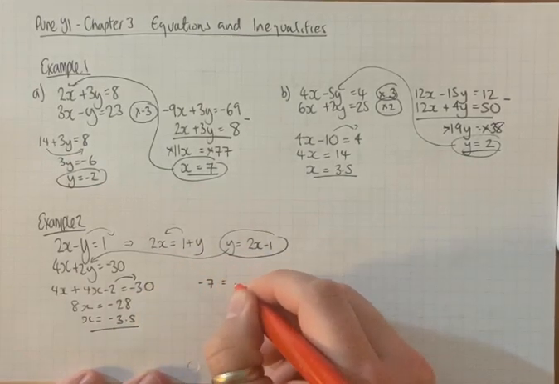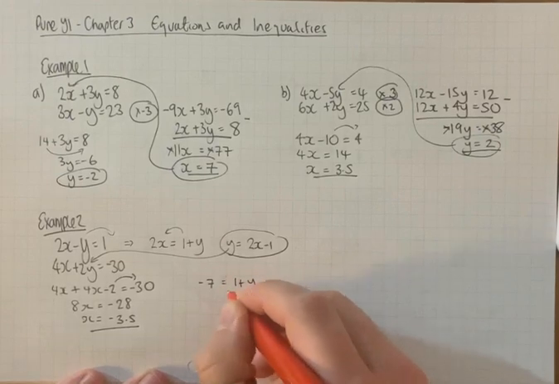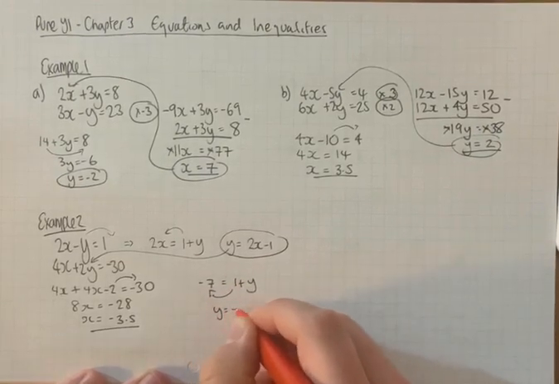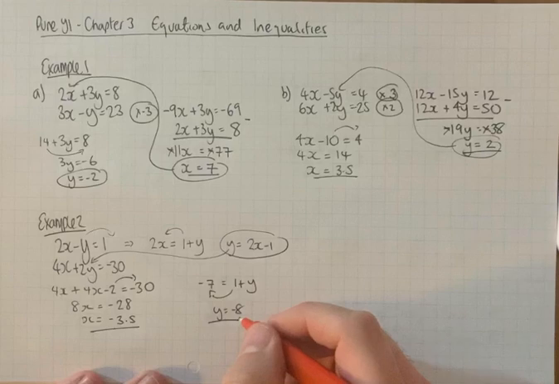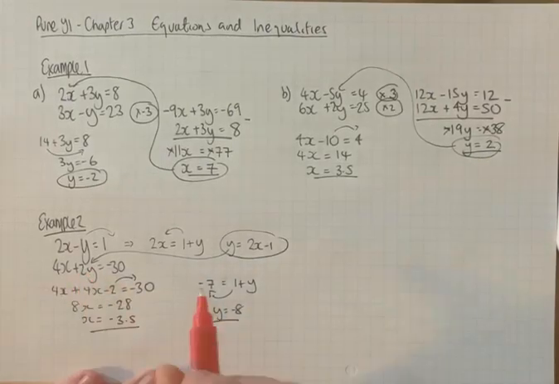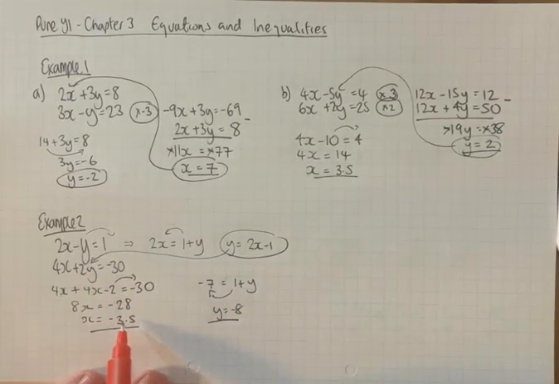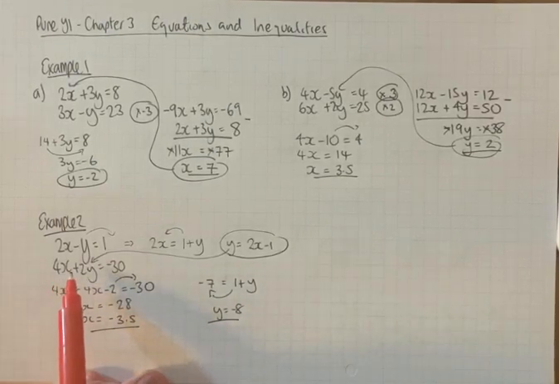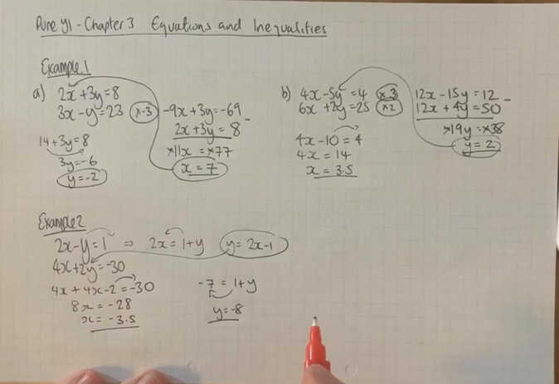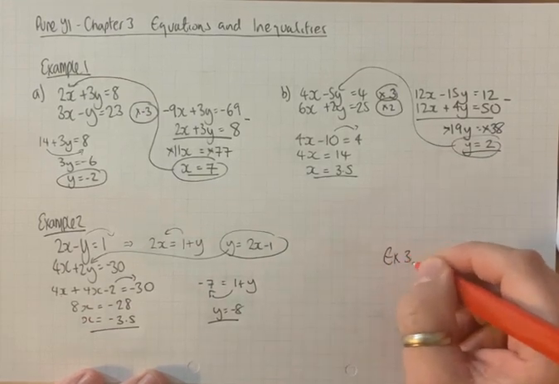So minus 7 equals 1 plus y, bring that back, y is negative 8. And again, you can check those in the second equation. So 4x is going to be minus 14, 2y is minus 16, minus 14 minus 16 is minus 30, so you know it works. Okay, have a go now, exercise 3.